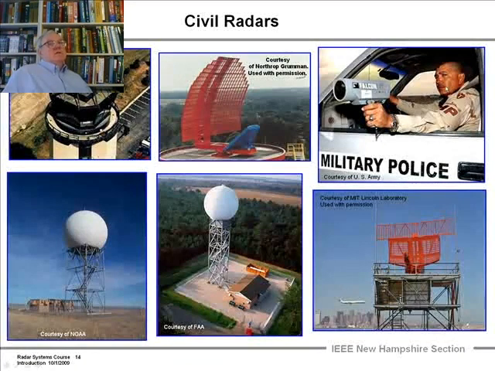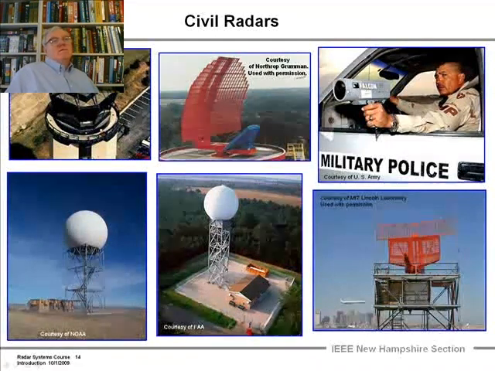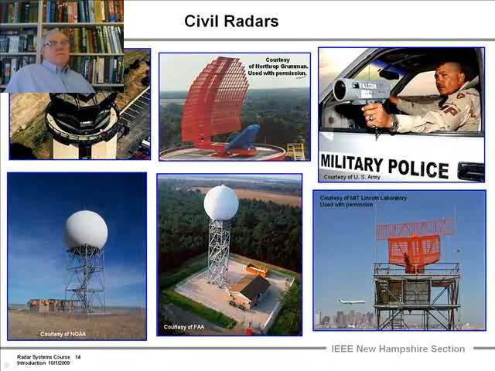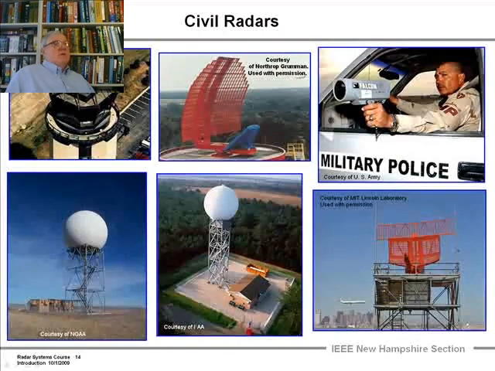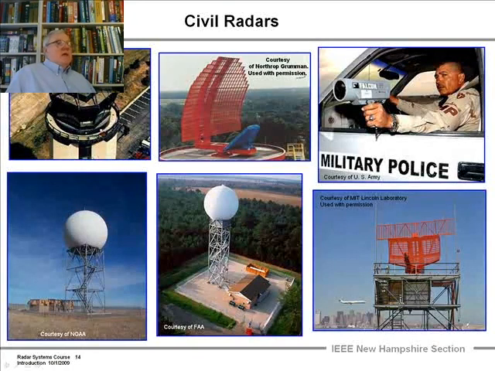Here's a real serious-looking military policeman with a speed radar measuring speed. And also on top of air traffic control towers, you might have noticed a pancake-shaped radome. This is an ASD-4, Airport Surface Detection Radar Model 4.